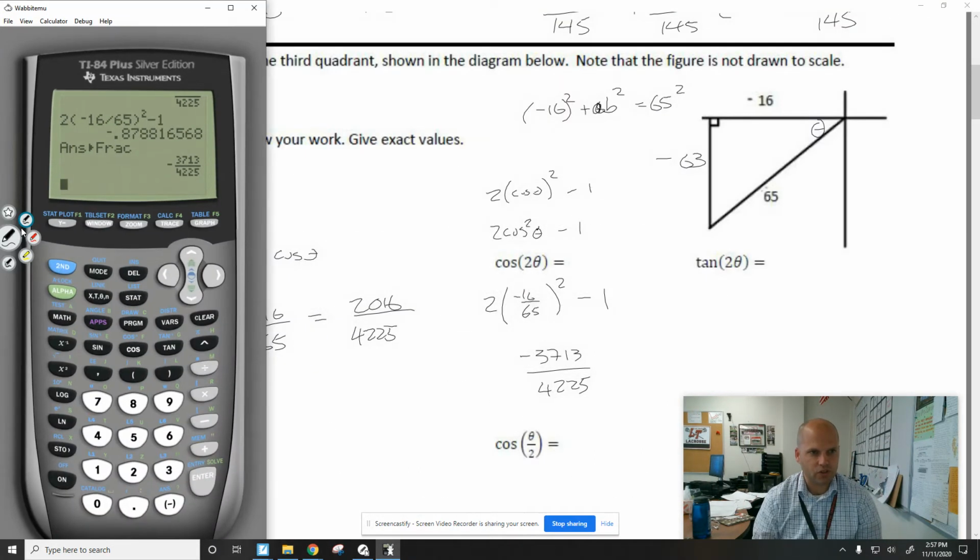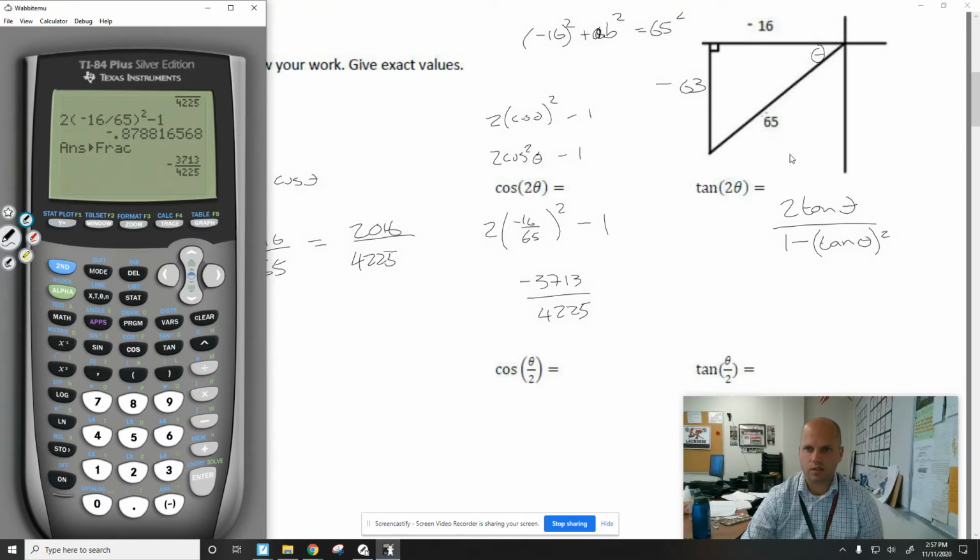Okay, so this is 2 tangent theta over 1 minus tangent theta quantity squared. Tangent theta is just negative 63 over 16. That's positive. So we can have 2 times 63 over 16 over 1 minus 63 over 16 squared.